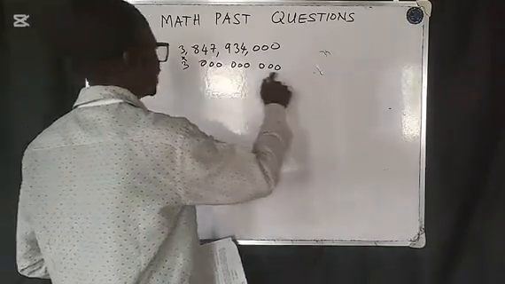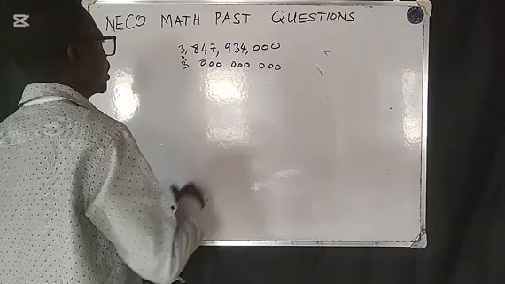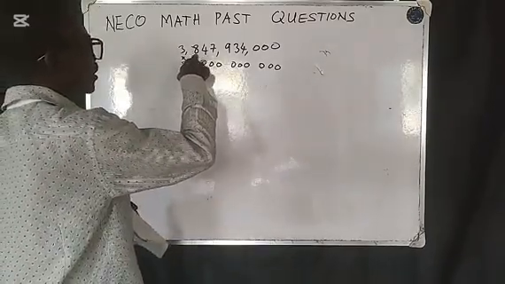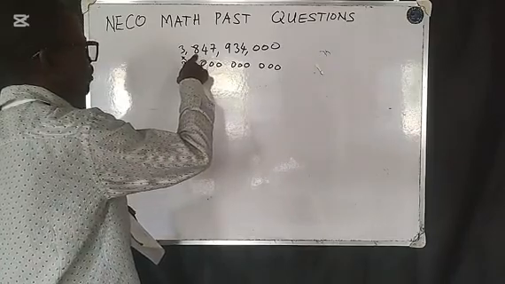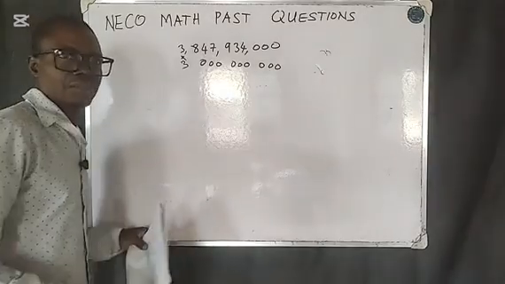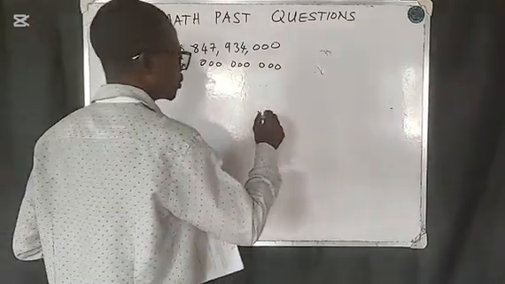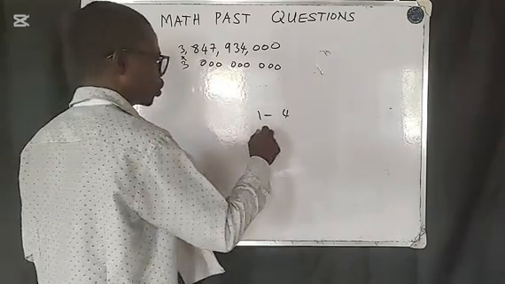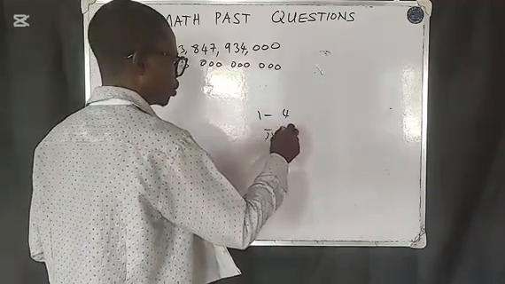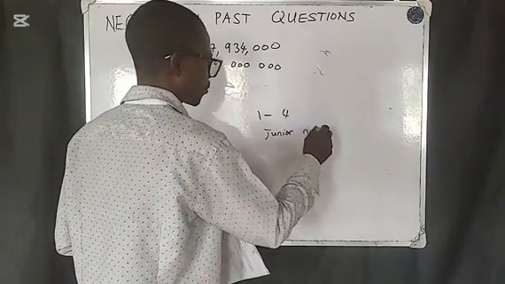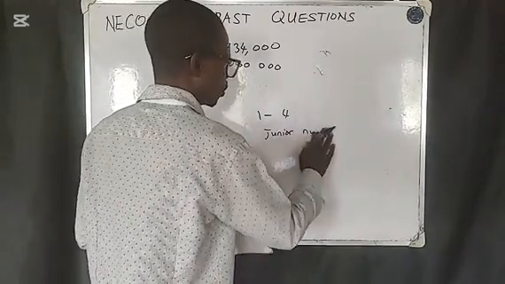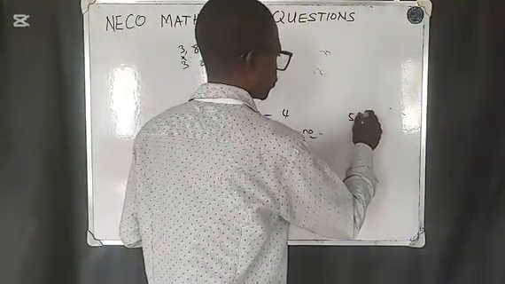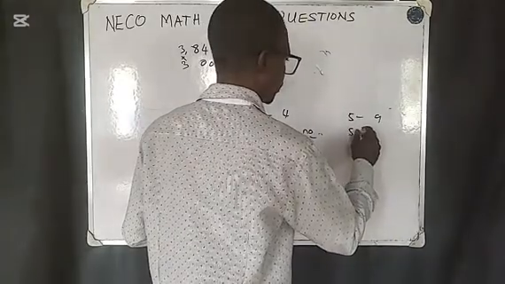But because the next digit is a senior digit, what do I mean by senior? From 1 to 4, we call the digit junior. From 5 to 9, we call it senior.